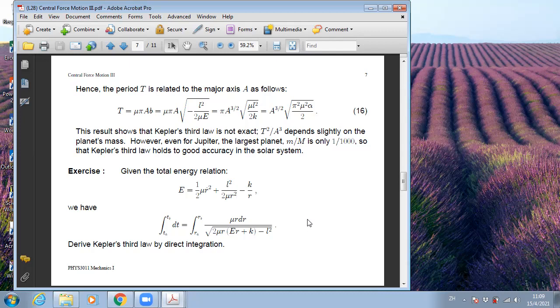Now, without the variable r in the numerator, the integral can be done immediately. Am I right? Just like what we have gone through before. But now we have the extra r. So how can we get rid of it?